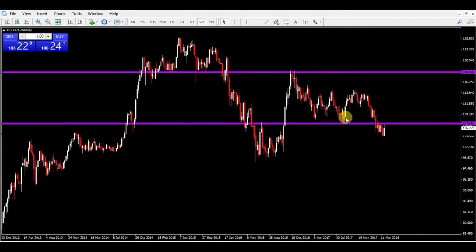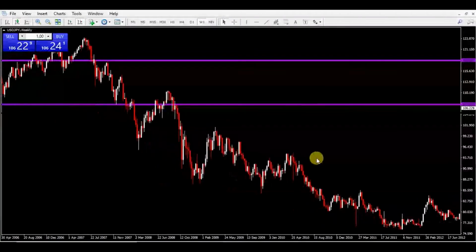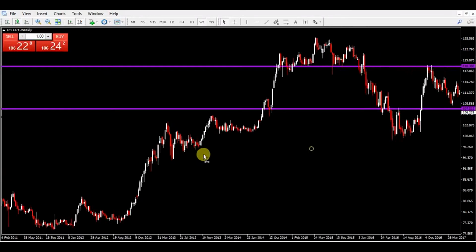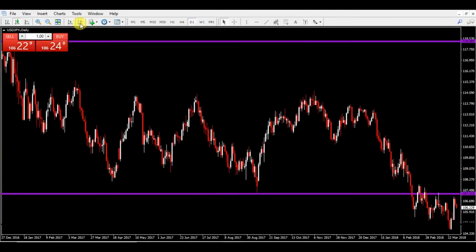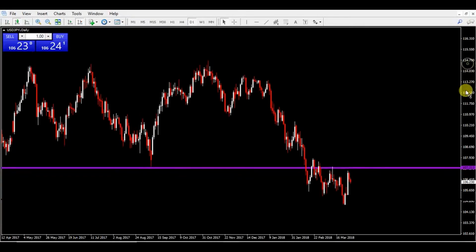Broke through, came down, retested that area, and rallied. Very valid. And if we scroll all the way back, same thing. It reacted to this same area. So that's what you want to look for on a weekly, daily, and that's it. Anything lower doesn't matter.